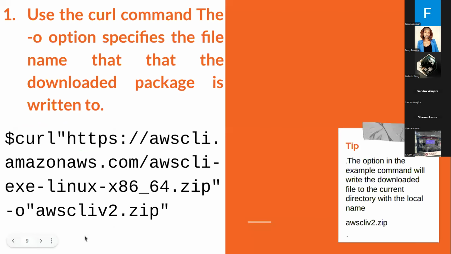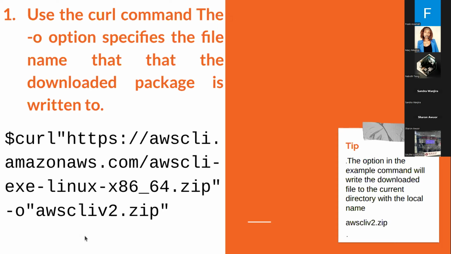The first one was to download the package, which uses the curl command. Then you specify where it will be stored, using the zip with -o and awscliv2.zip.